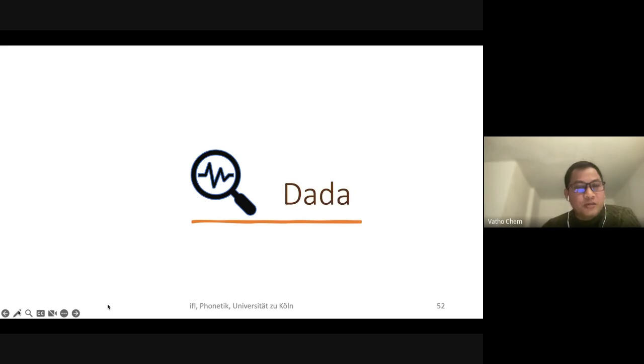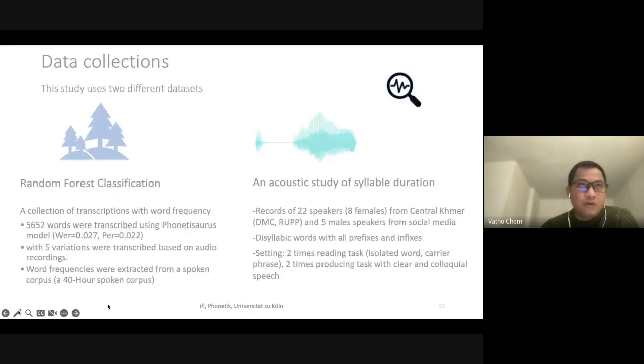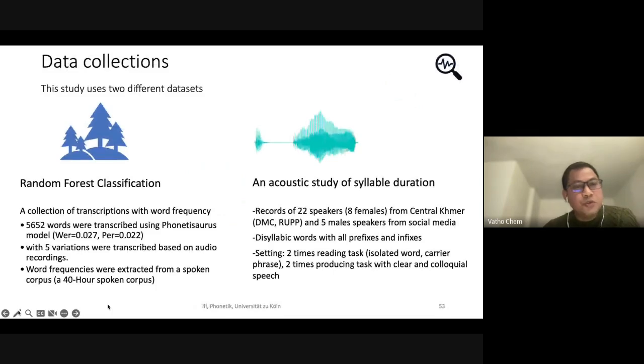So now, talking a little bit about the data. This study used 2 different data sets, one for random forest classification. So a collection of transcriptions with word frequency. It is around 5,000 words with the phonetic thesaurus, that is the automatic transcription model that we can use for Khmer today.